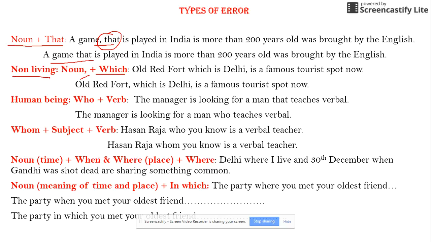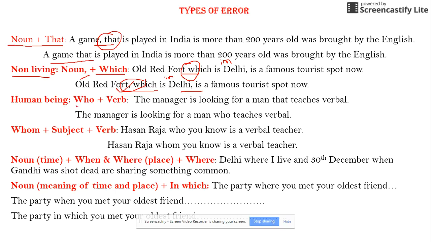And which is used for non-living things. So Old Red Fort that is in Delhi is a famous tourist spot. Look, without a comma, that means incorrect. It should be which is in Delhi, right? So Old Red Fort, which is in Delhi, is famous. So now this is correct. All right. So comma plus which.